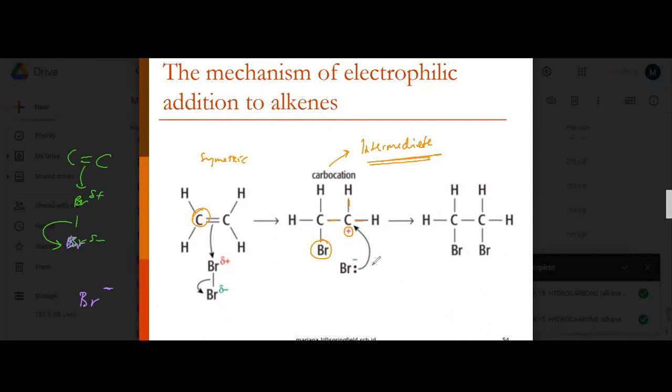Next, the lone pairs of Br minus attack the C positive. Once again, I already told you that the arrow should come from a negative region, which is the electron position. So you can see this electron attacks the positive and makes a new bond to form 1,2-dibromoethane.